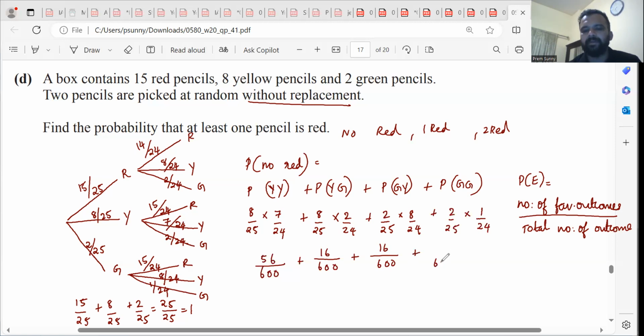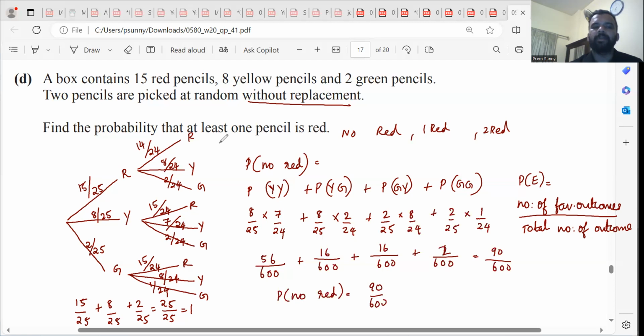Plus again 600, 2 into 1 is 2. Add them up. So 56 plus 16 plus 16, that is basically 56 plus 32 plus 2. We'll get it as 90 over 600. So probability of no red is 90 over 600.